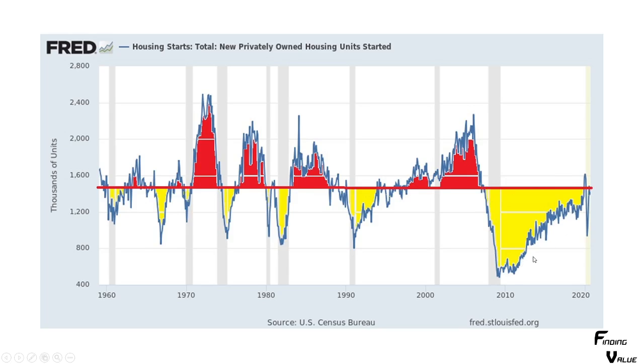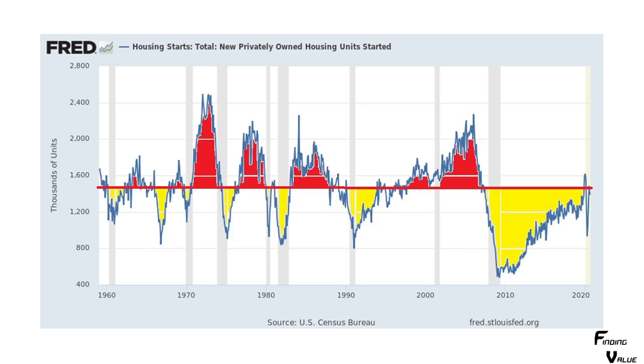And what's happening is we've got a demographic, just like the 1970s with the baby boomers. We have the millennials coming, and we've got this alignment where housing starts are massively underbuilt. We can see that in the housing starts with the area under the curve here. We're going to have to go far over this line. This curve is going to have to go way up, and we're going to have to build a lot more homes because we're underbuilt, and on top of it because of the demographics.